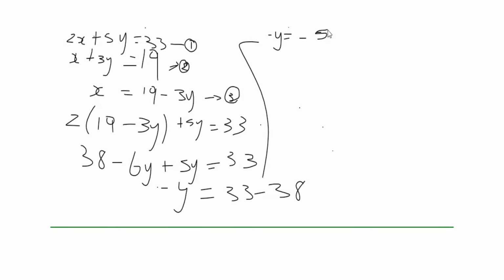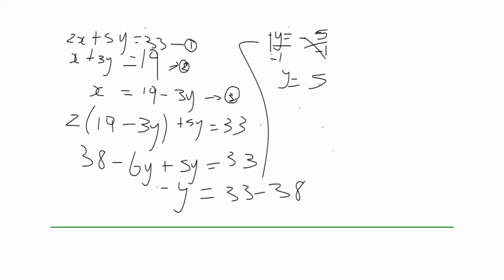I want to get rid of the negative, so I'm going to multiply both sides by negative 1. So y equals 5.